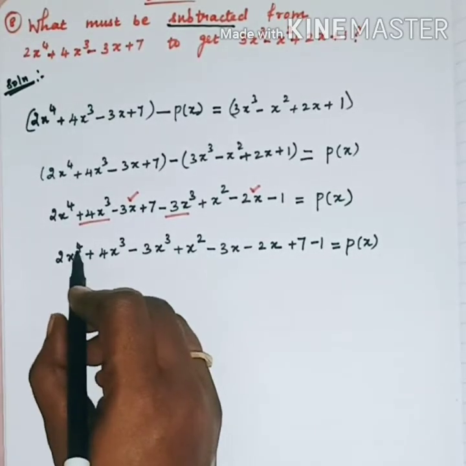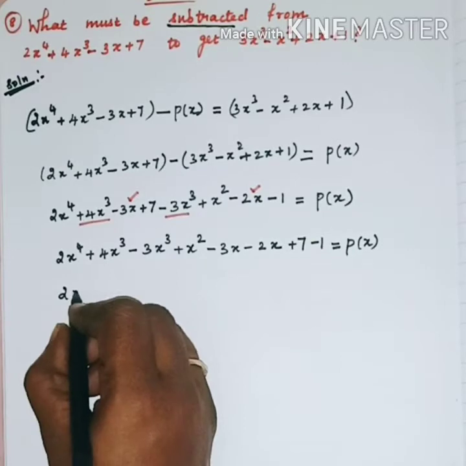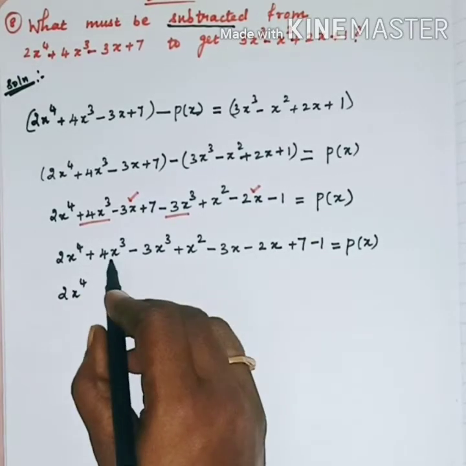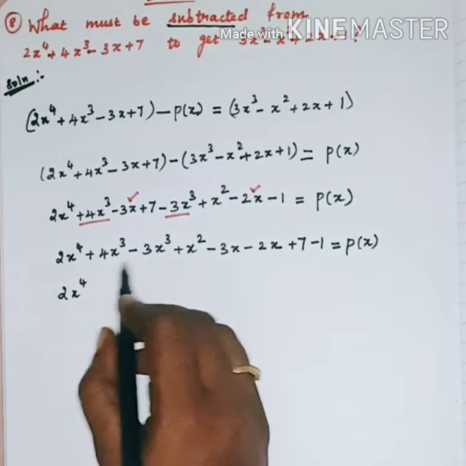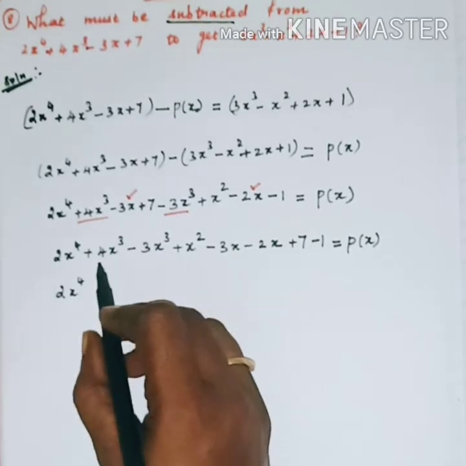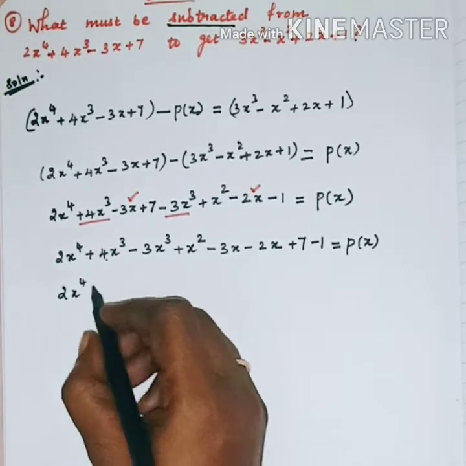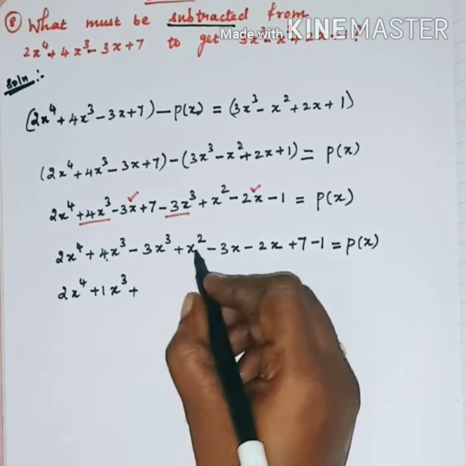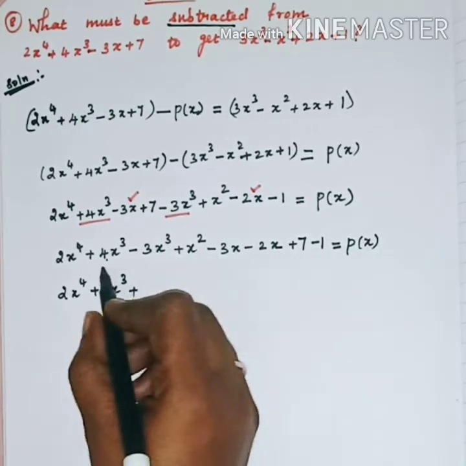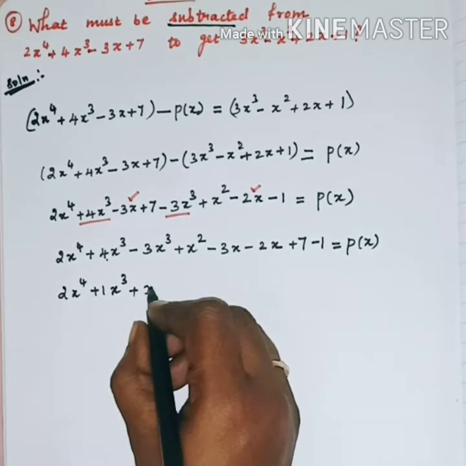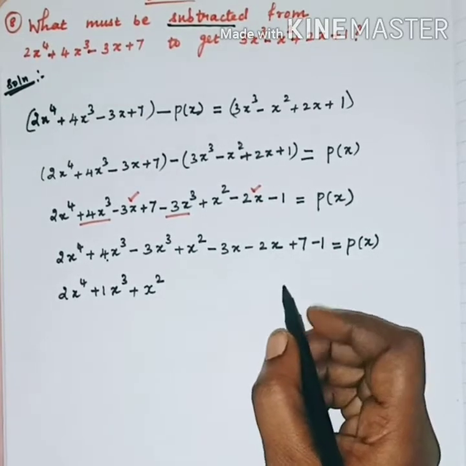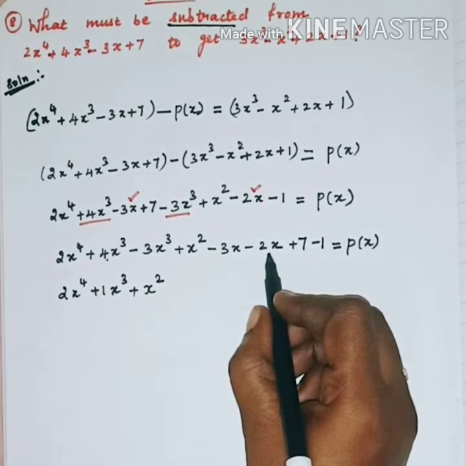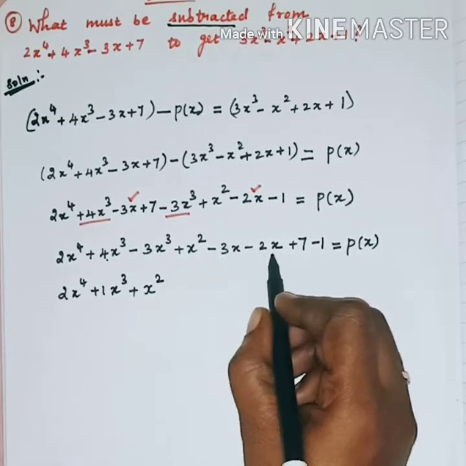Now x power 4, 2x power 4. So 4x cube minus 3x cube. These two are like terms. So subtracting 4 minus 3, we have 1x cube. Plus no other x square terms are there in this expression. So write this as it is, and then minus 3x minus 2x. These two are like terms.